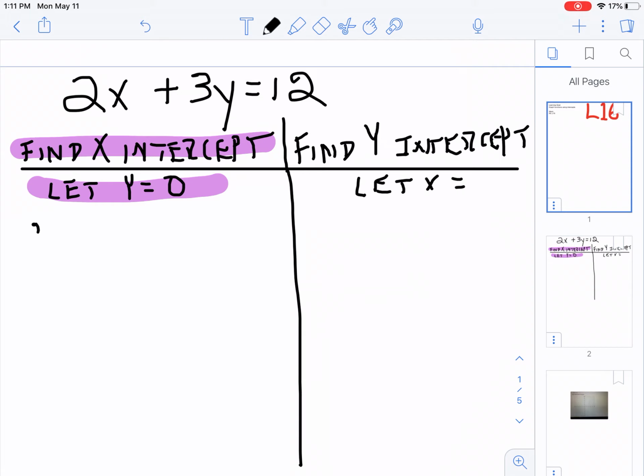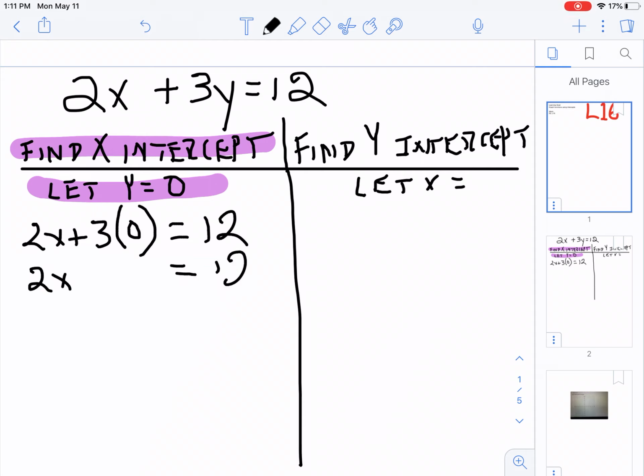So we would have 2x plus 3 times 0, because we're letting y equal 0, equals 12. That becomes 2x equals 12. To get the x by itself, we divide both sides by 2, so x equals 6. That means the x-intercept equals 6.